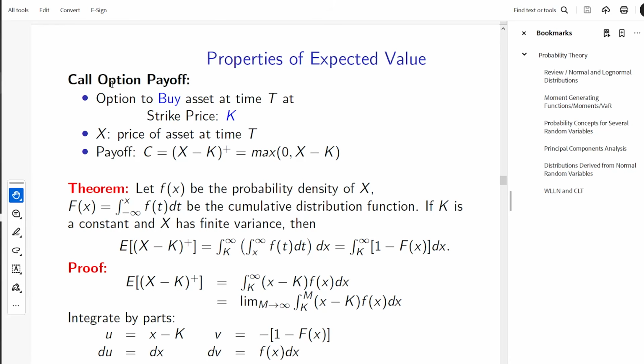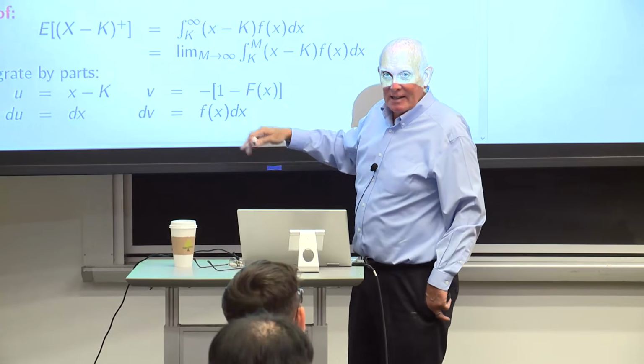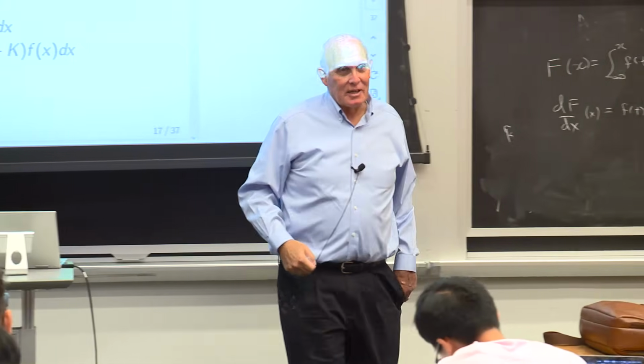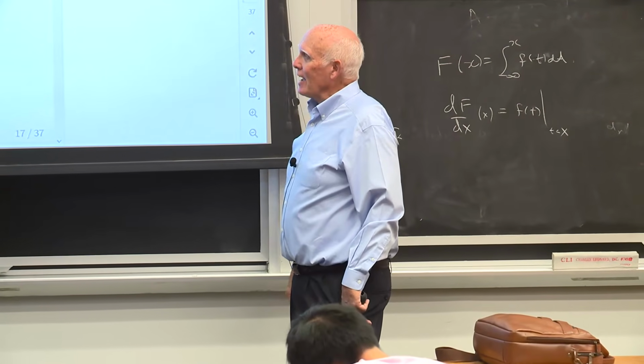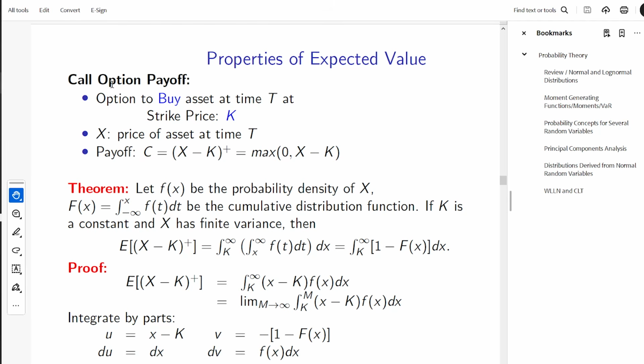And the proof of this is done by considering a finite upper limit capital M, and then integrating by parts and getting a formula here. So it's an interesting result that if we know the terminal time T random price of an asset, then a call option on that terminal value will have this expected value.